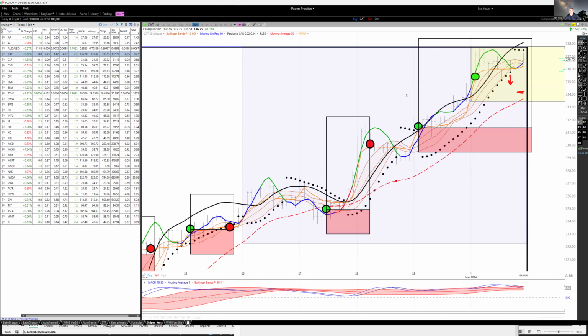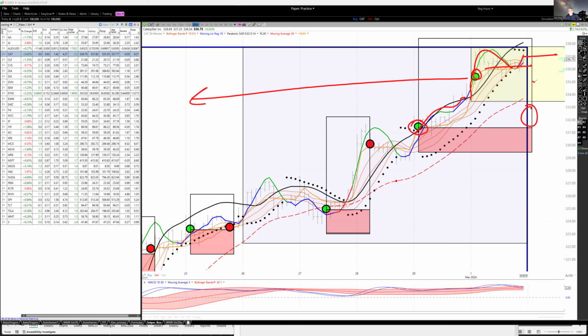Caterpillar, a great industrial company. We had the COTA 2 entry yesterday, which closed well. Today it gapped up, broke out to a new high. There's no resistance over here, so that makes me want to hold it over the weekend. This thing rolls, comes back and holds at the VWAP and closes well.